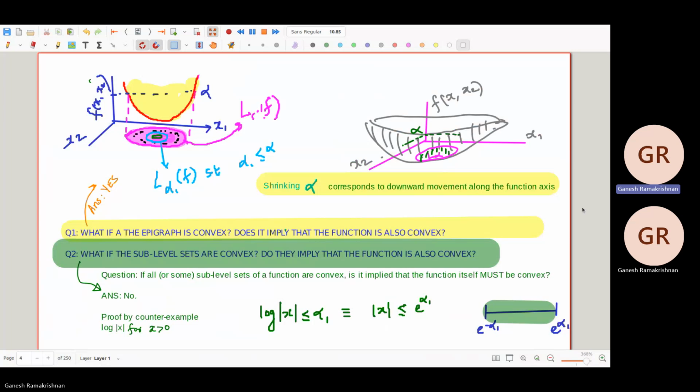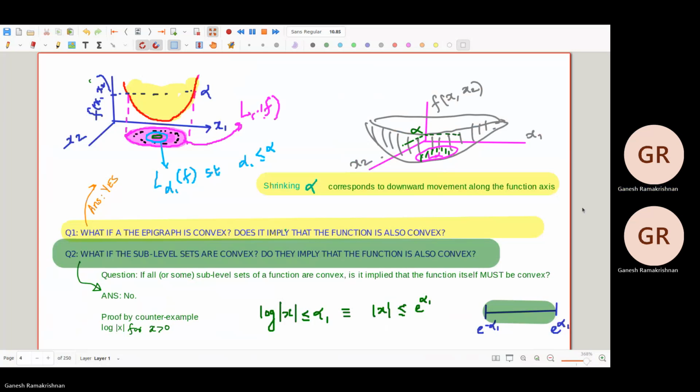But say log of absolute value of x, and if you consider all the sublevel sets, log is monotonically increasing with positive arguments, right? So if I say log of absolute value of x is less than or equal to alpha 1, what is that amounting to saying? That x must be between e raised to minus alpha 1 and e raised to alpha 1.